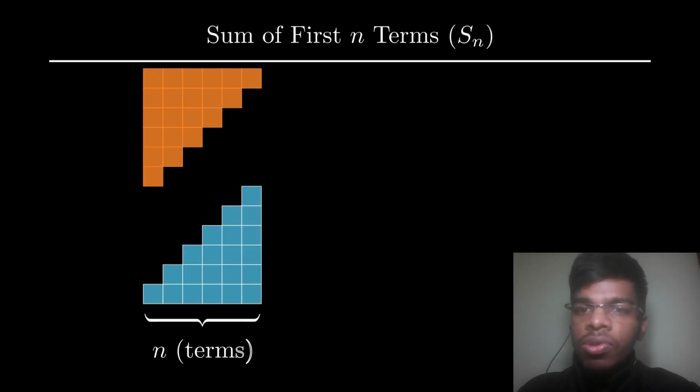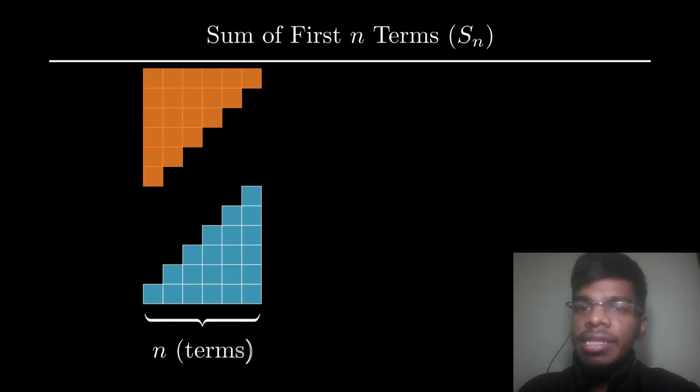If you observe closely, the sum of the first term and the last term is always equal to the sum of the second term and the second last term, and likewise for the third term and the third last term.